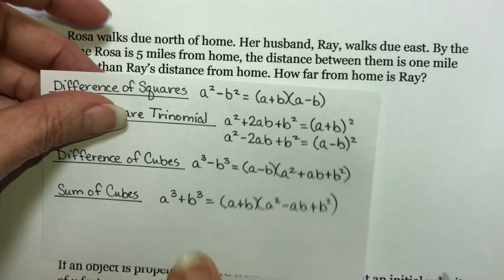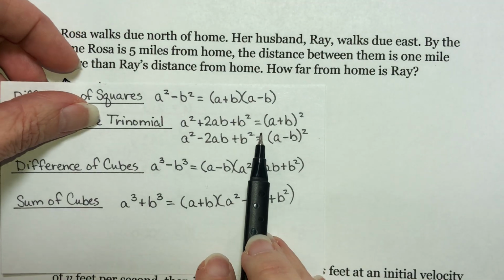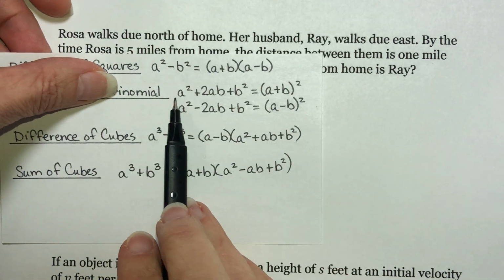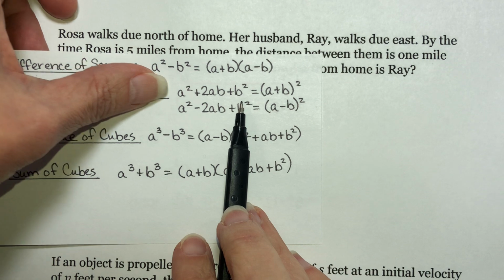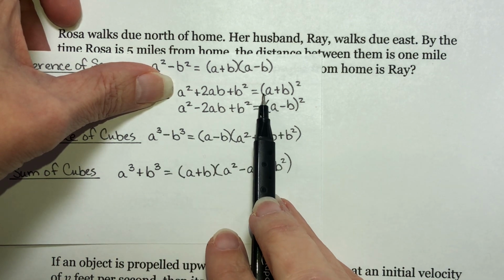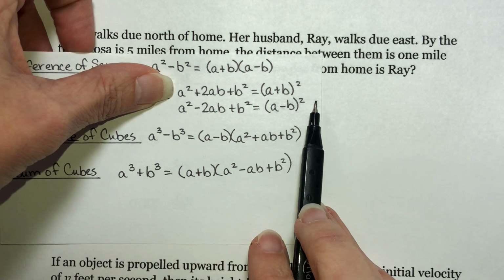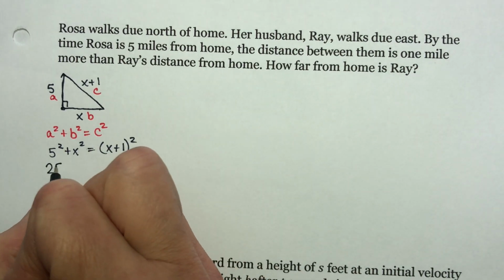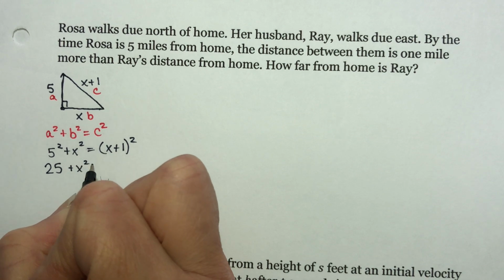So what I've got here, even though I have it written in the opposite direction, we have X plus 1, we have something like this. And so we need to end up with something like this when we multiply it out. Either you remember the pattern, or you rewrite this as A plus B times A plus B, and then distribute. This is going to be 25 plus X squared.